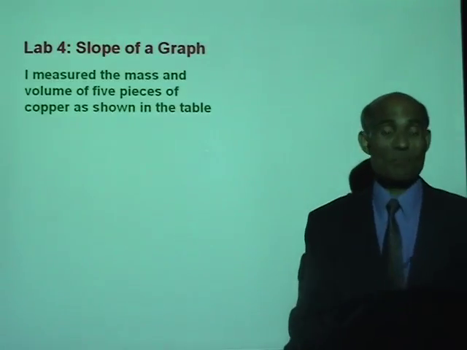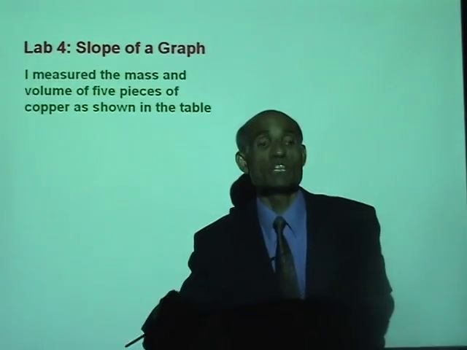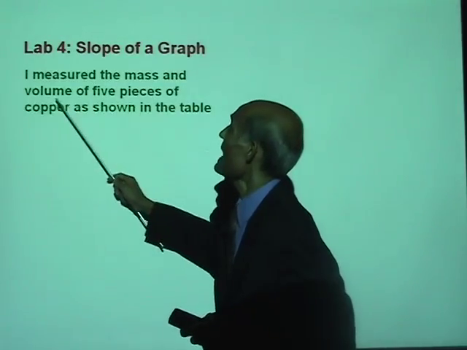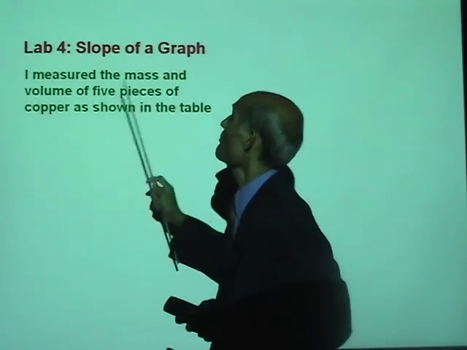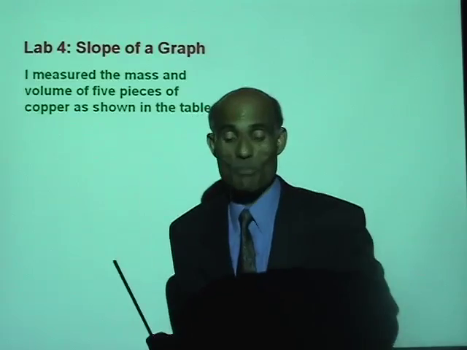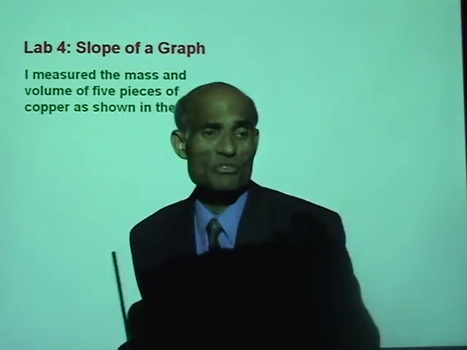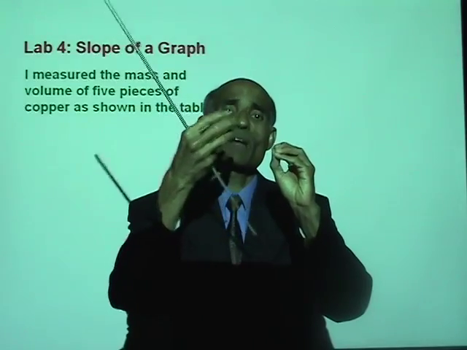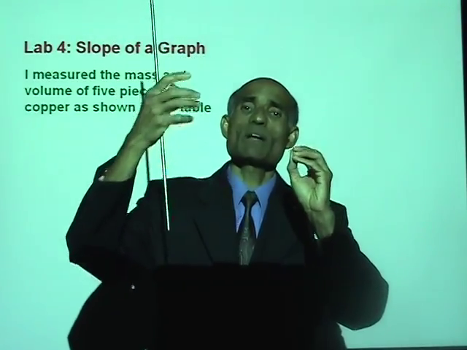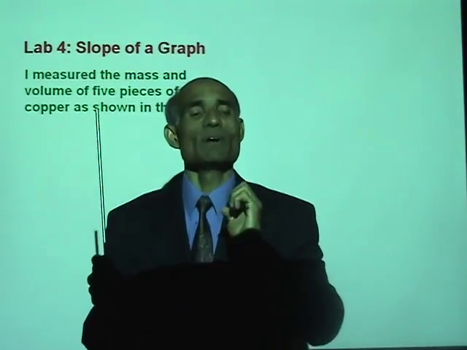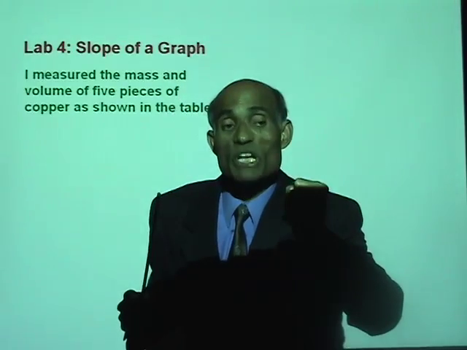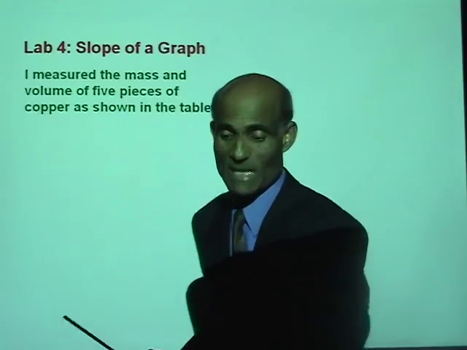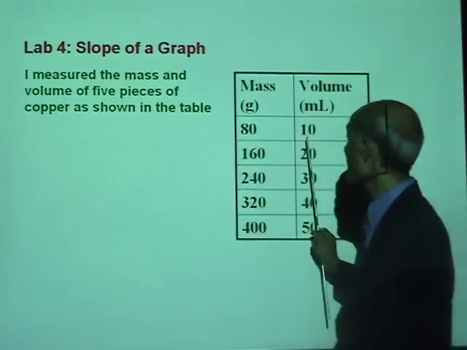Now, I'm going to give you some idea on something I did. I measured the mass and volume of 5 pieces of copper. I took 5 pieces of copper, one very small, then a little bigger one, then a still bigger one, 5 of them. I measured the mass of each and the volume of each, and I'll give you those values.